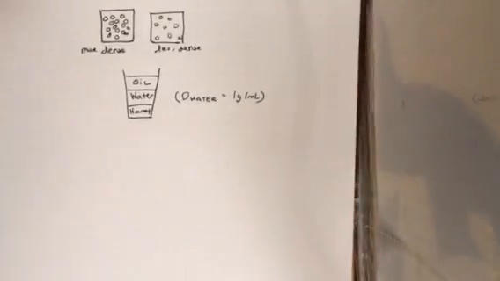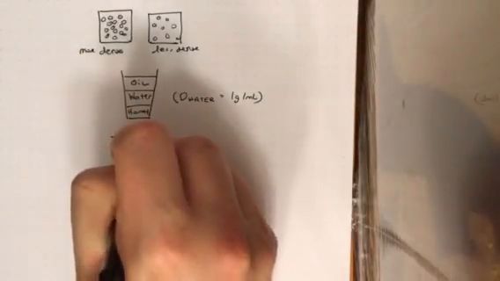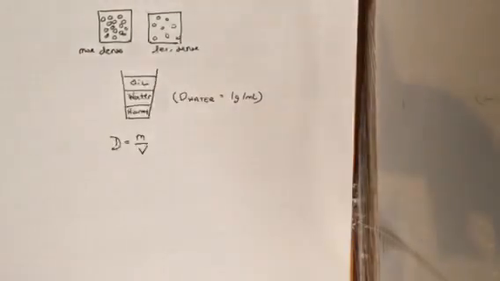The other thing we had discussed about density yesterday was this equation: density equals mass divided by volume. And I want to remind you how to approach problems like this.